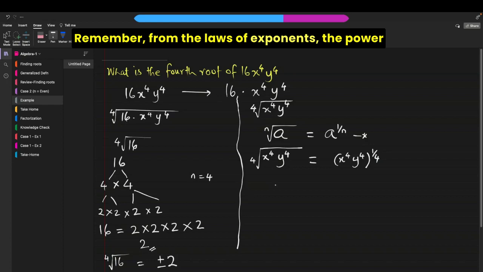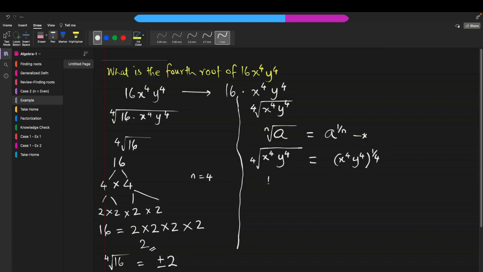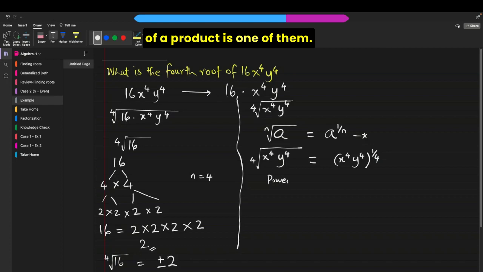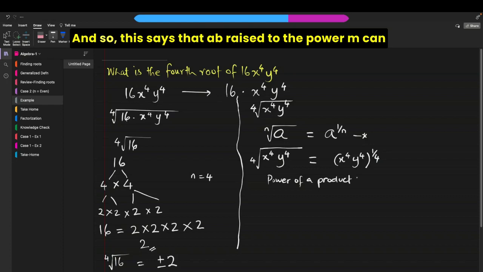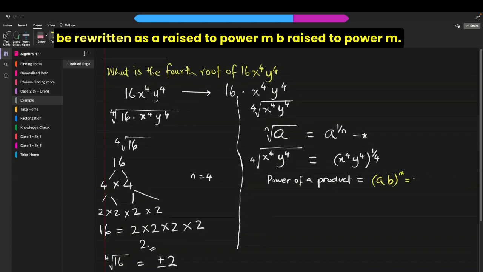Remember, from the laws of exponents, the power of a product is one of them. And so this says that ab raised to the power m can be rewritten as a raised to the power m, b raised to the power m.